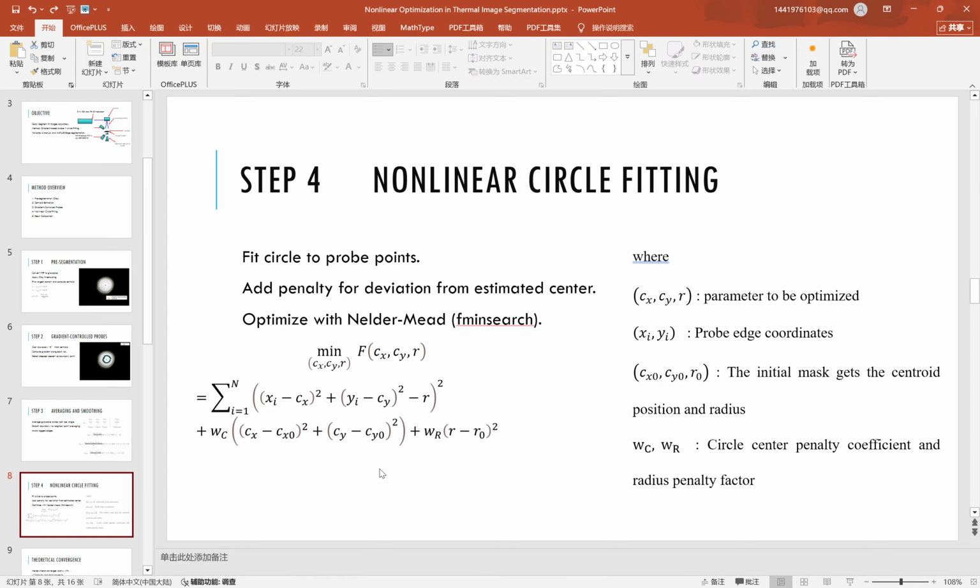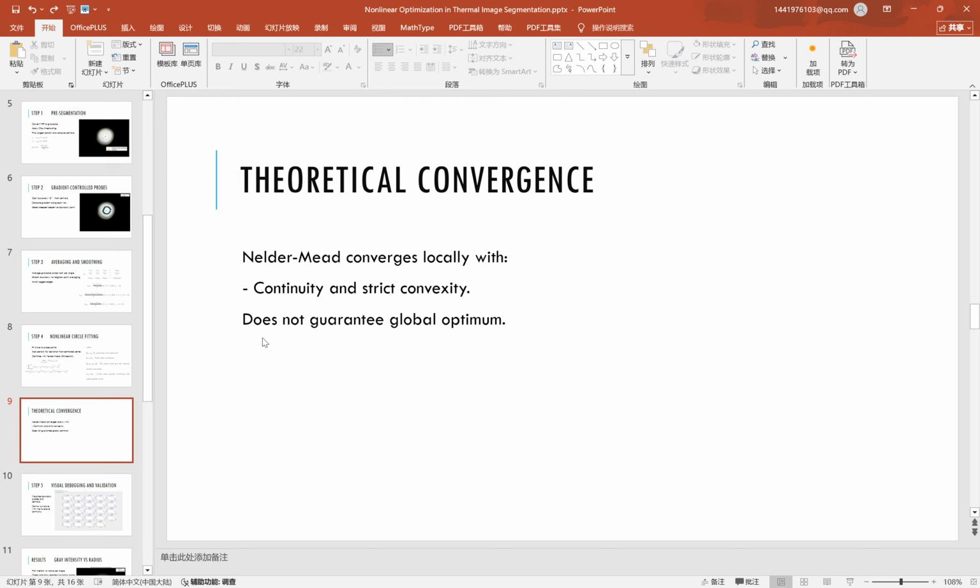The Nelder-Mead simplex method is a derivative-free method based on geometric simplexes that doesn't rely on gradient calculations, and which is suitable for small-scale optimization problems like this. For such a method, we have a convergence theorem. When the function is continuous, smooth, and unimodal, the method converges to a local minimum, but doesn't guarantee a global optimal solution, which is very reasonable.